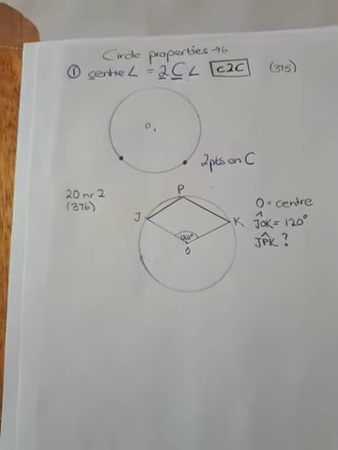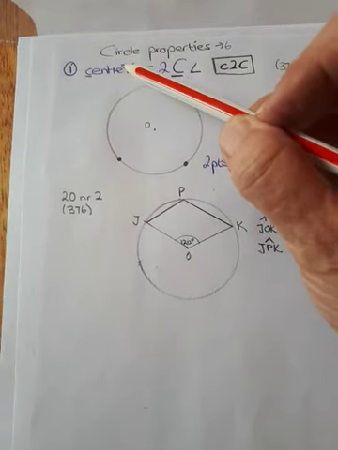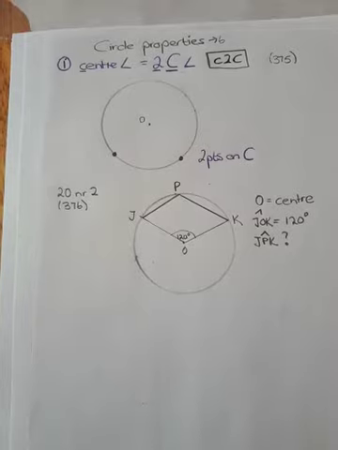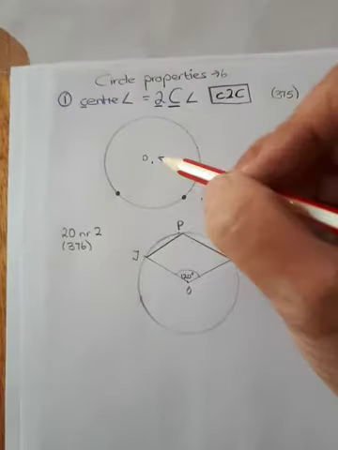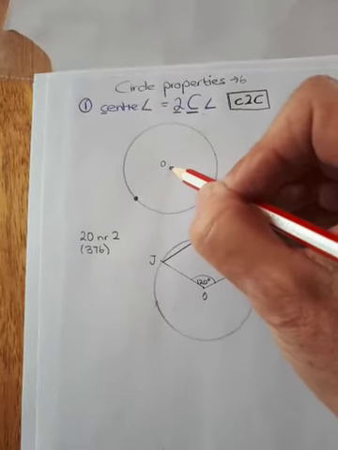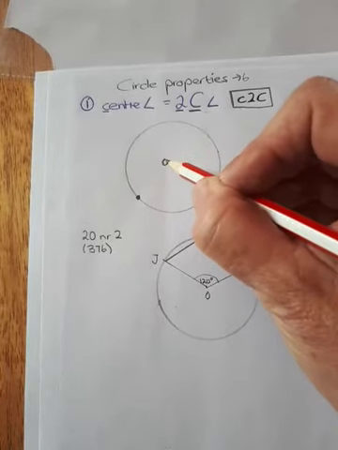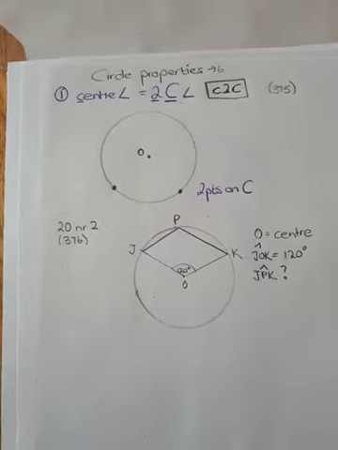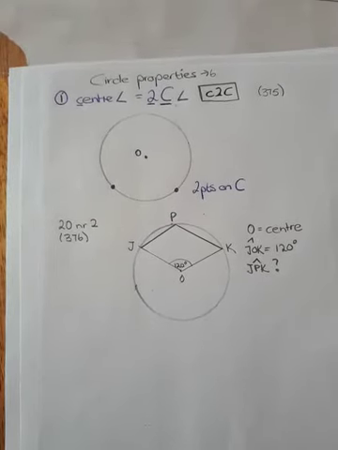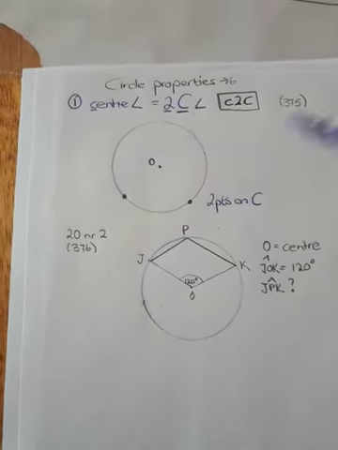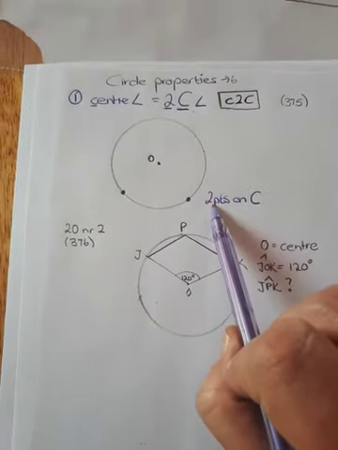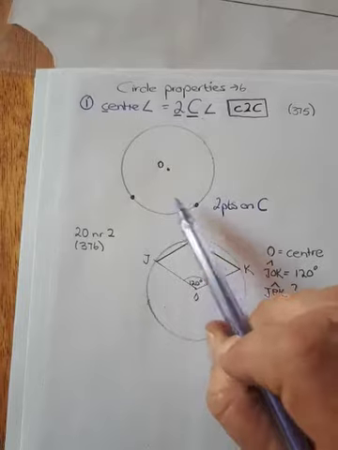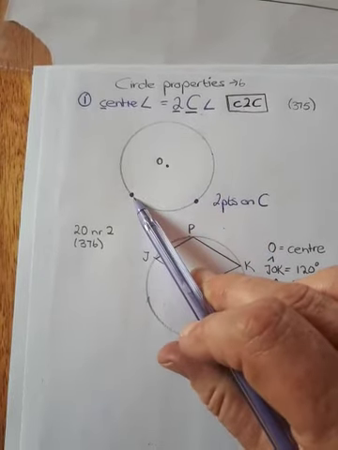People, let's look at the first one, a center angle. That simply means an angle at the center. So in this circle, that point is point O, which is the center. Right, how is an angle formed? It is formed starting from 2 points on the circumference. We've got 1, 2 points.